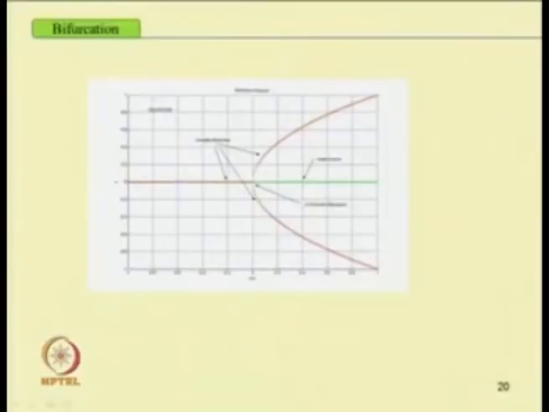That means, if we have a single branch before, for example in this case, initially we have a single branch, and now we have two branches, or we may have three branches. So, at this point, with an increase in the frequency, we can see that the number of branches changes. So, this point is a critical or bifurcation point.